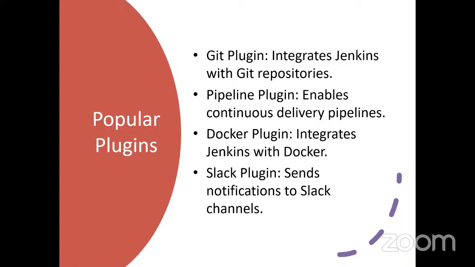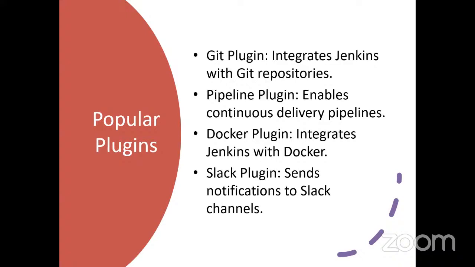Then there is the Slack plugin. Slack is a kind of communication channel, communication software like Skype and Microsoft Teams. It is used by corporates. Corporate companies and developers use it so that they can communicate with each other, share feedback, and have conversations related to their development.